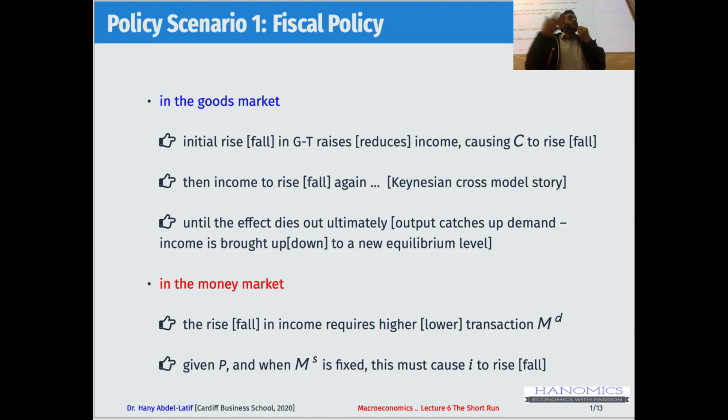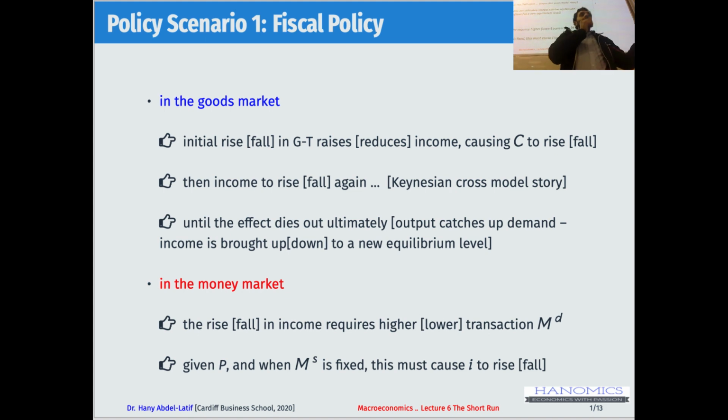That keeps going until the effect dies out, and at that point we go back to another equilibrium point, where production equals income. We already said that story before.